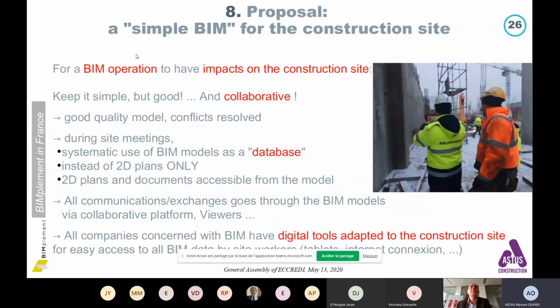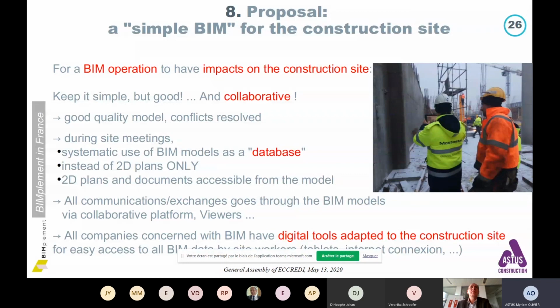What do I call a simple BIM model? Well, it's a simple but good quality BIM model. It's used during site meetings instead of having a huge 2D plan that is 2 meters long.